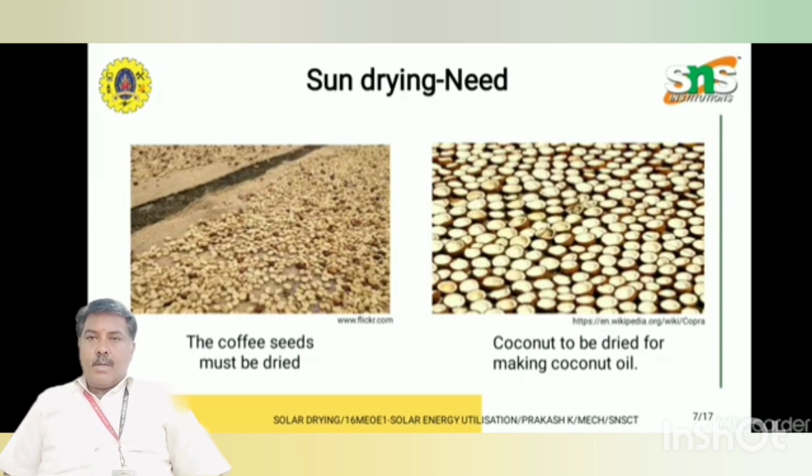So if it is dried for 1 or 2 days and in the next 2 or 3 days the climatic conditions change, the products which have been dried in the first 2 days go in vain. So again the process has to be repeated. So these are the problems in the existing sun drying of products. So how to sort this out?